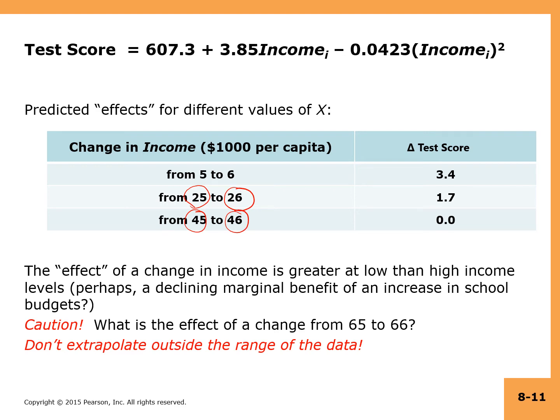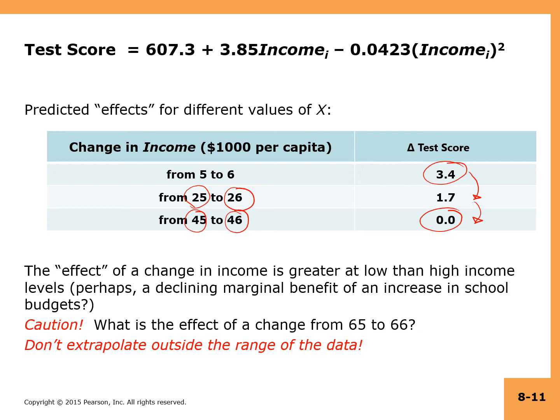And what you see is that the change in test score decreases as the district income increases. So this shows that there is a nonlinear relationship, that the effect of increasing income matters more when the district income is low, but it matters less and less as the district income gets higher.